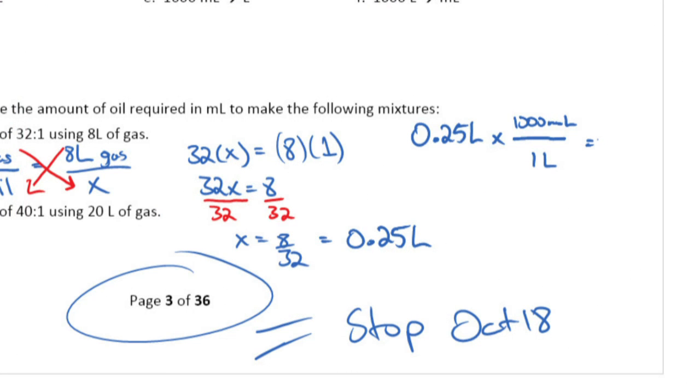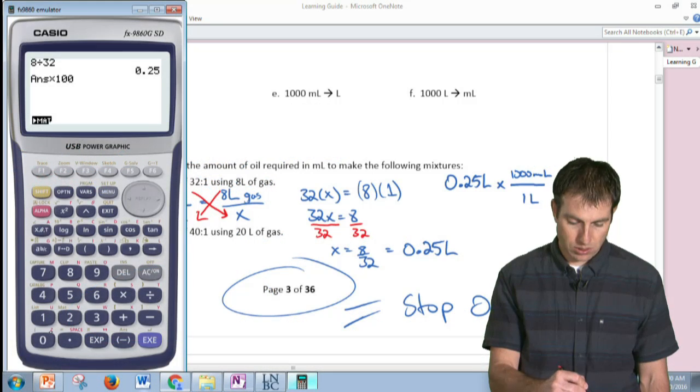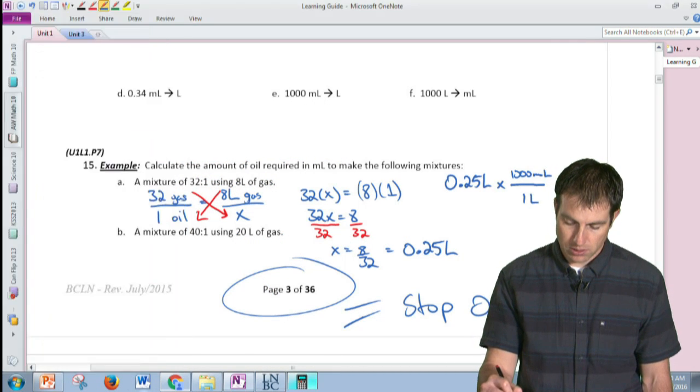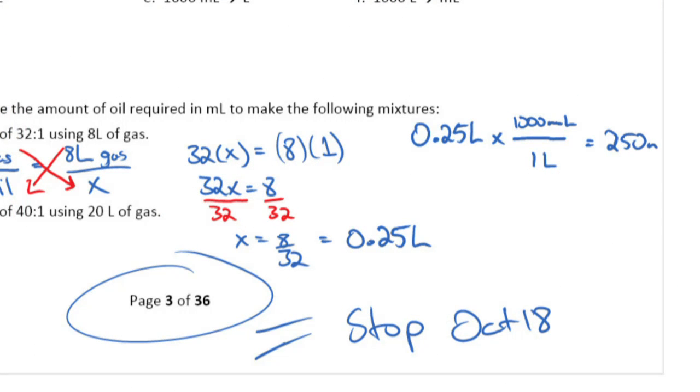So I'm going to multiply this by 1,000. Jump back to my calculator, just go times 1,000, and I end up with 250 milliliters. So that's how much oil I would have to add to 8 liters of gas.